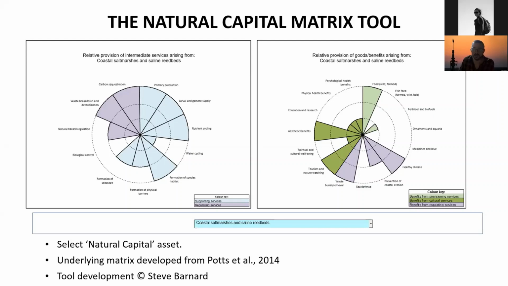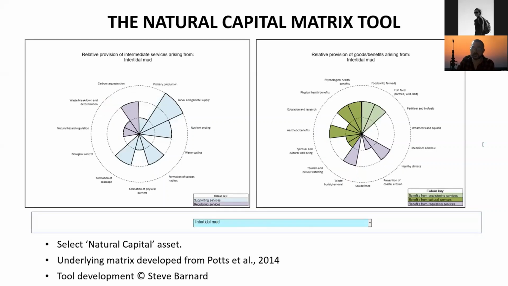So we can see there are very strong benefits in terms of some of the regulatory ecosystem services and waste breakdown, carbon sequestration, supporting services like primary production. On the benefits side, we can see there are strong aesthetic benefits, tourism and nature watching benefits in terms of cultural services, and benefits from regulatory services such as waste burial and removal, things like that. So it gives a nice visual snapshot of what we're doing.